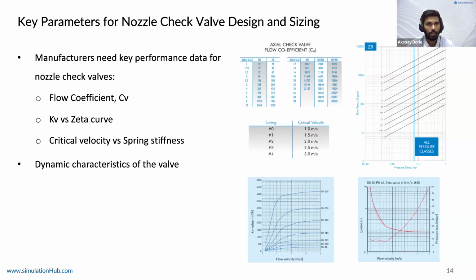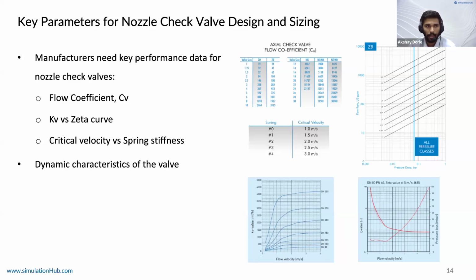So here we'll understand the other key parameters that are used by manufacturers to select and size check valves. Obviously there's flow coefficient. With any valve, we have to have proper sizing based on flow coefficient.